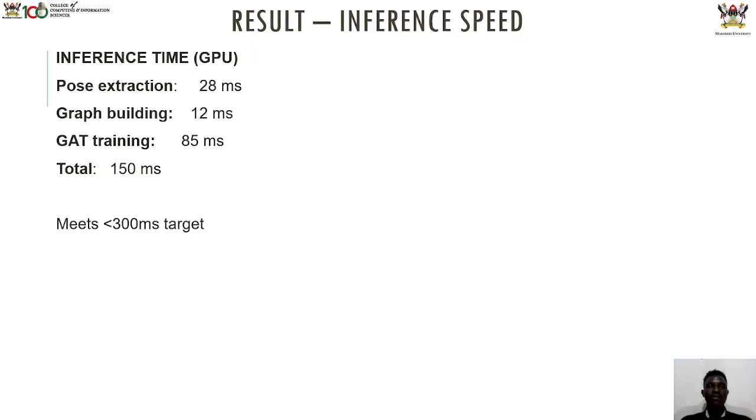So, looking at the inference speed, pose extraction took 28 milliseconds to extract frames per video, and then graph building took 12 milliseconds to build the extracted nodes from the videos, and then the graph attention inference took 85 milliseconds. So the total is 150, which is below our target of 300 milliseconds.